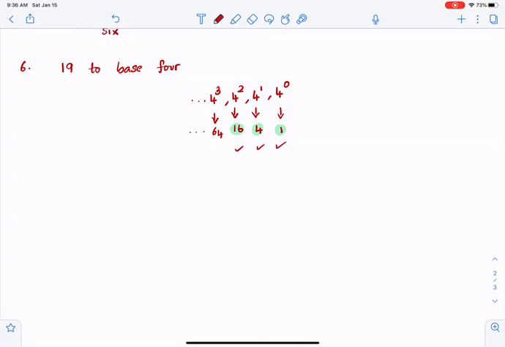So how do I split that 19? So 19, going to pick the numbers over here, 16, 4, and 1. So since it's 19, I can put 1 right there.